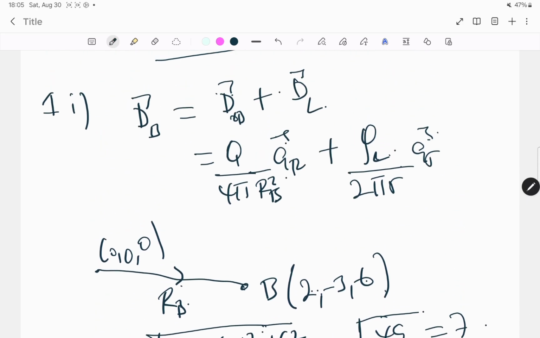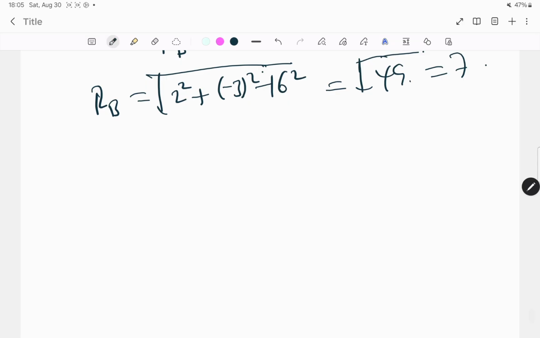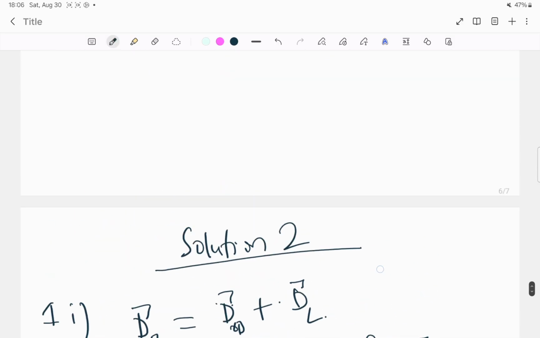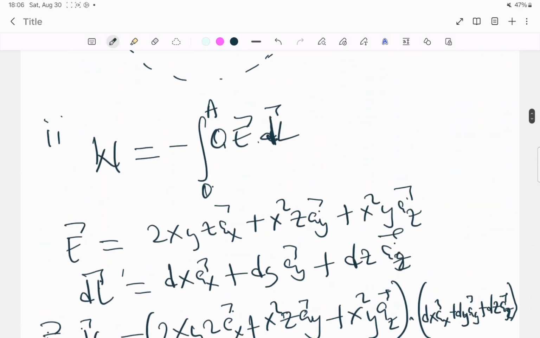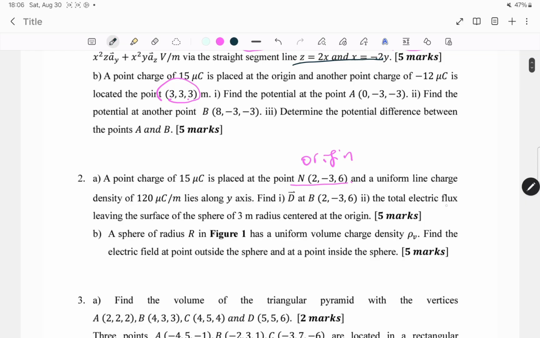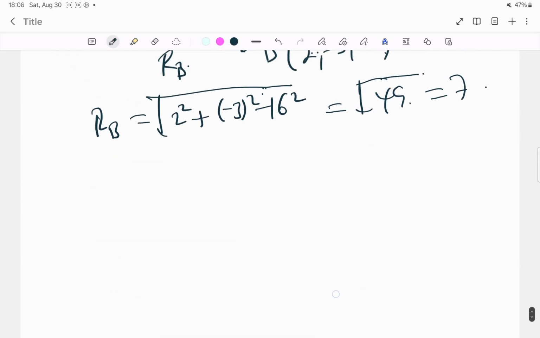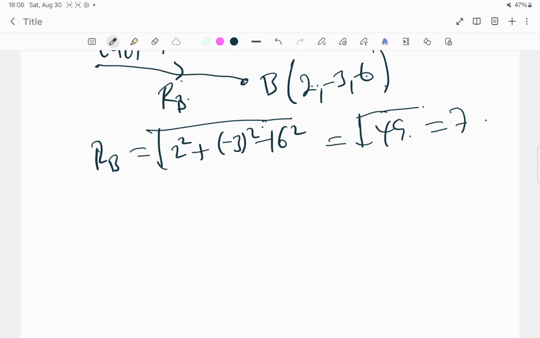Now let's get R for the line charge density. Again, R is going to be the distance between our point B and the location of the line charge, which is lying on the y-axis. Since it is located on the y-axis, the y component is going to cancel out, so the component of the electric flux density along the infinite line charge is going to be 0.